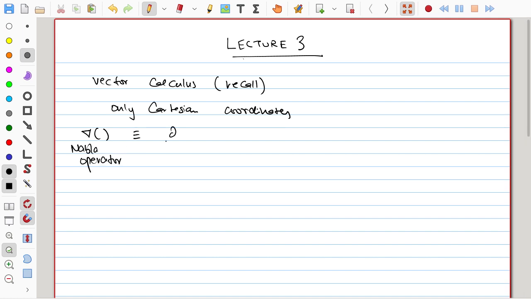Which is defined as, in 3-dimensional, so we'll call it in 3D. Right, so that's the nabla operator, and please remember it's an operator. It needs something to be put into the brackets so that it has meaning to it.